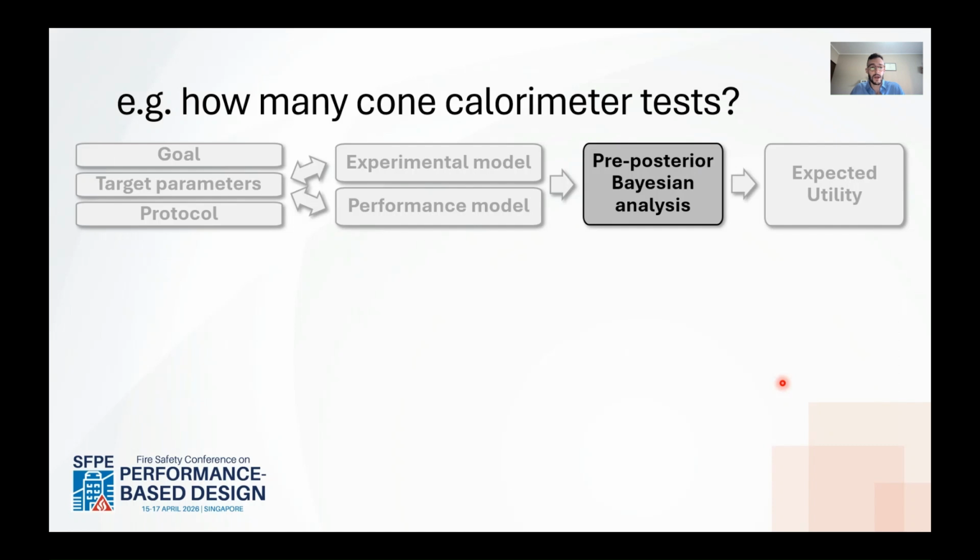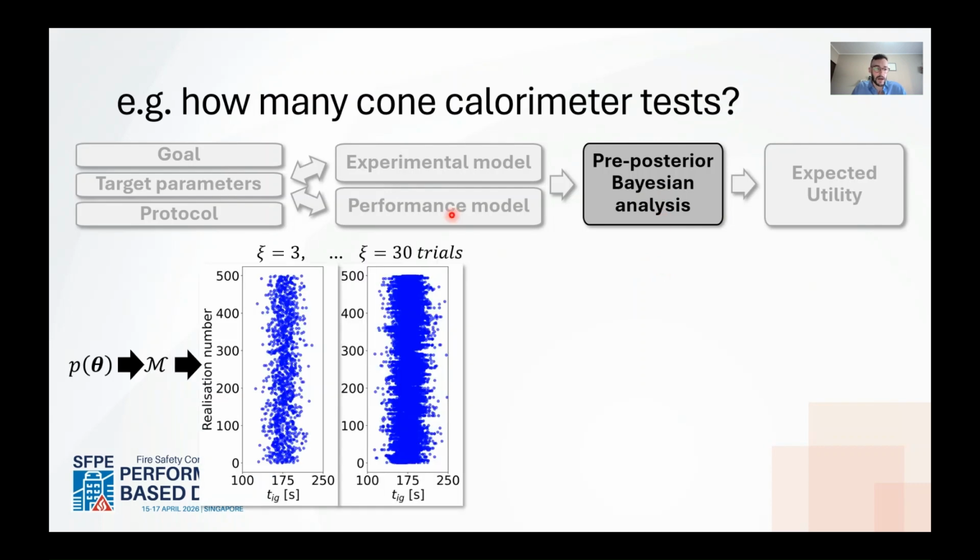Again, we follow the same methodology I showed you before, I will skip the first two steps, which we already discussed, and go into the pre-posterior Bayesian analysis. So again, we start from the prior distribution of our uncertain parameters, and we use the model to simulate multiple potential outcomes of our experiment. And these are the results.